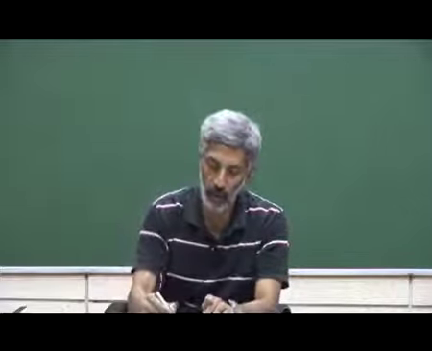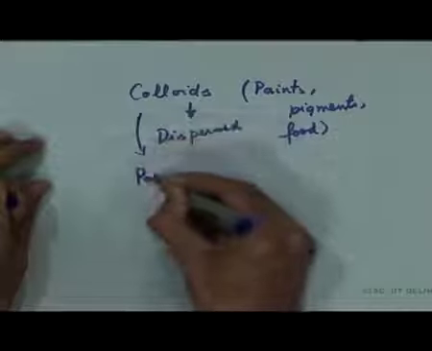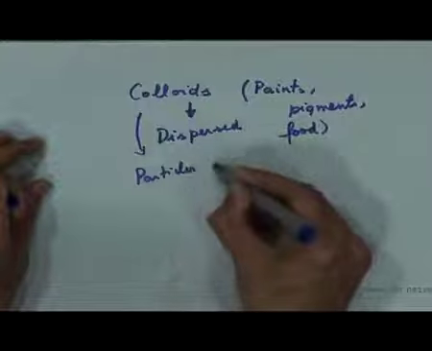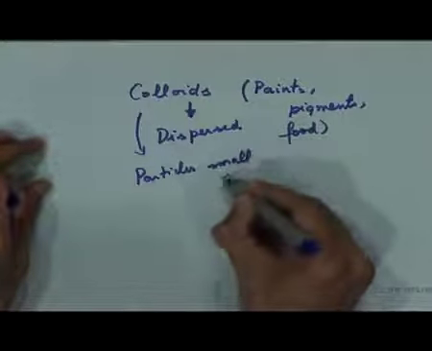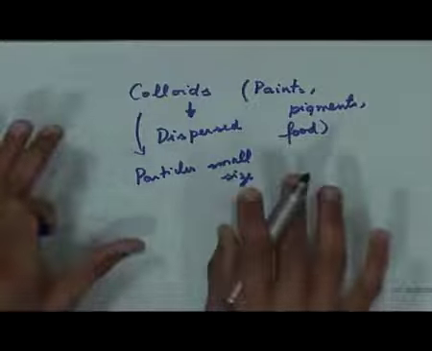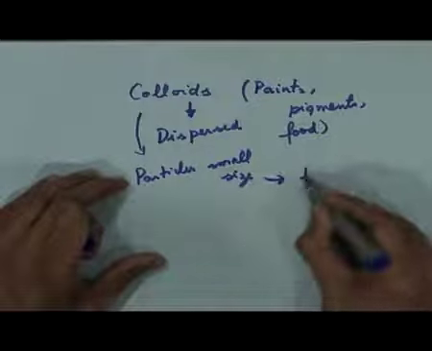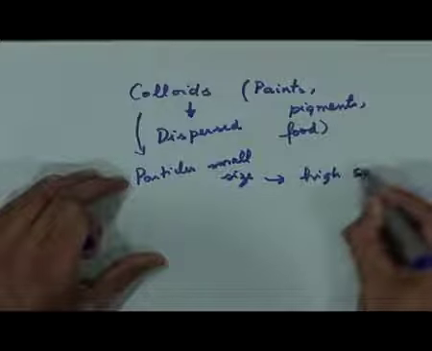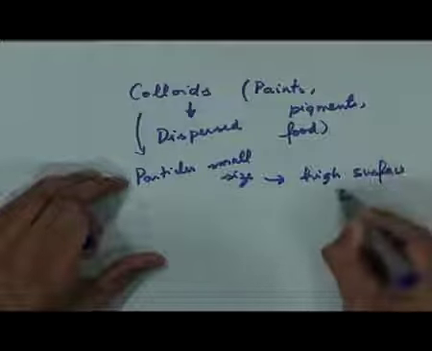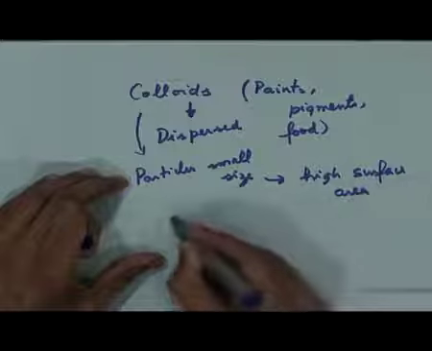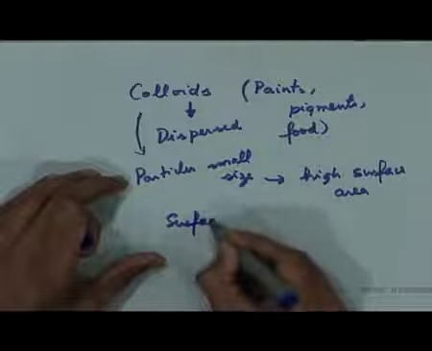So, anytime you have colloids, you have particles of relatively small size. And when you have particles of small size, what we have already concluded is we have high surface area. And when you have high surface area, we are going to look at surface phenomena.